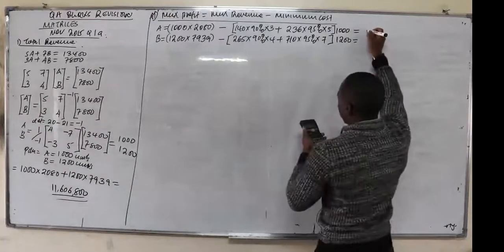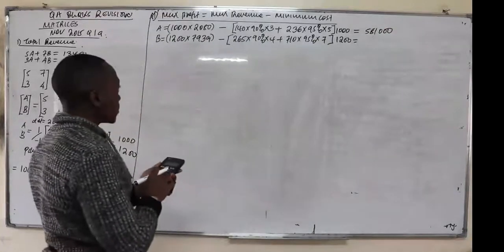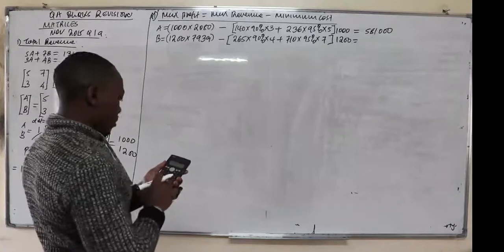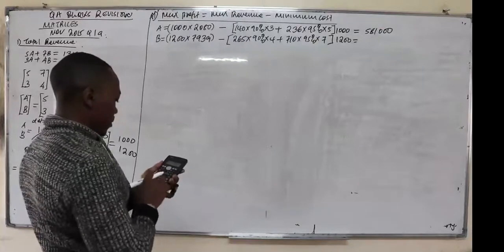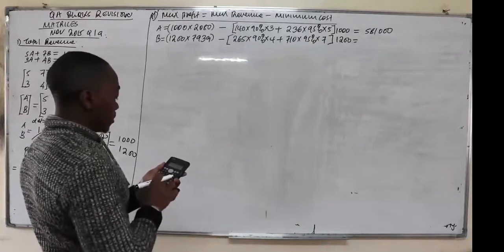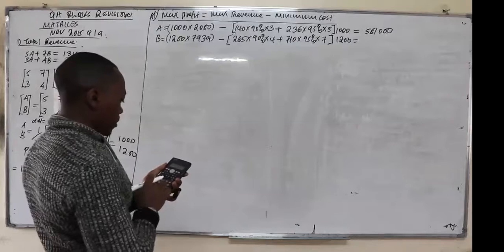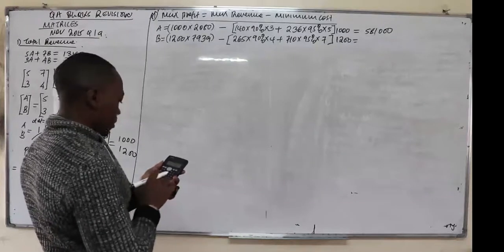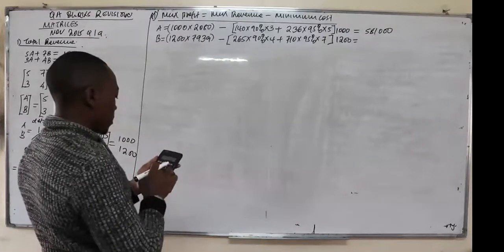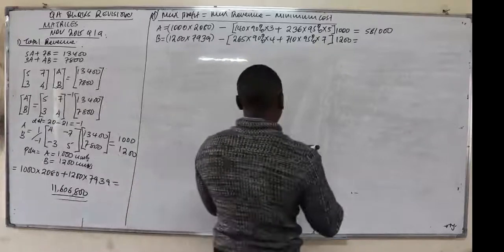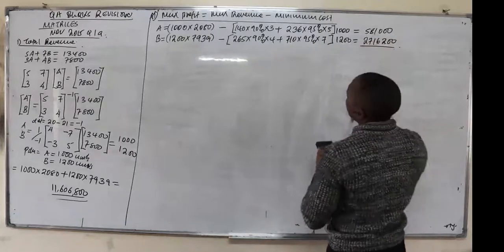We have 581,000. I'll get 27,16,200, if I'm not wrong.